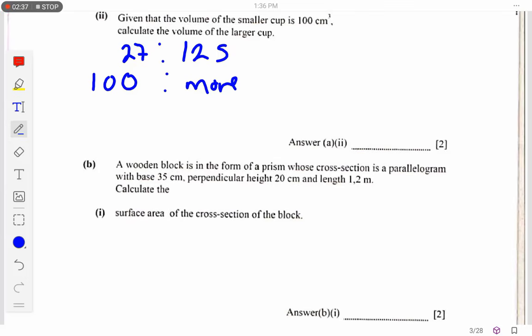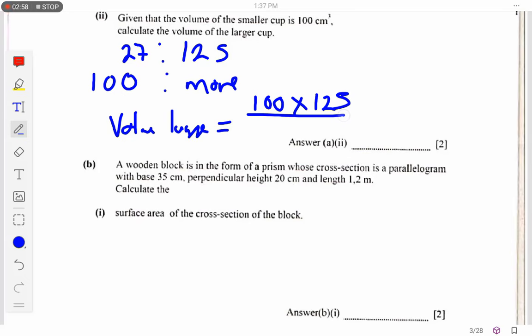So at the end of the day, our more here is going to be the volume for the large cup. Volume for the large cup is going to be equal to 100 times 125 over 27, like that.